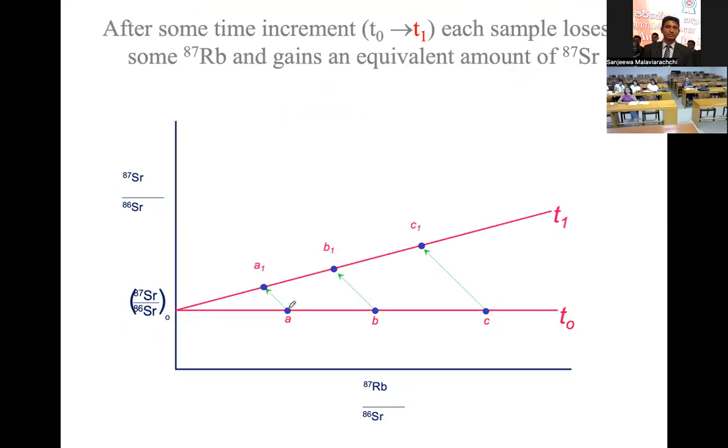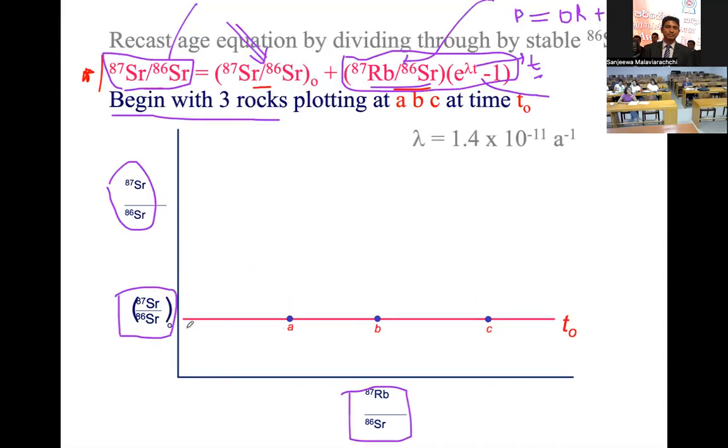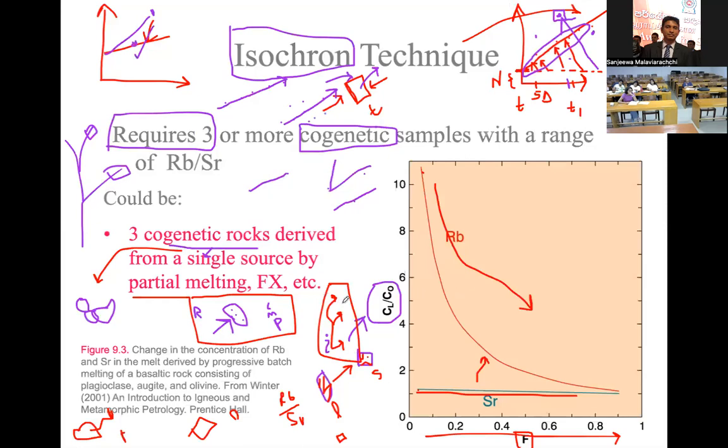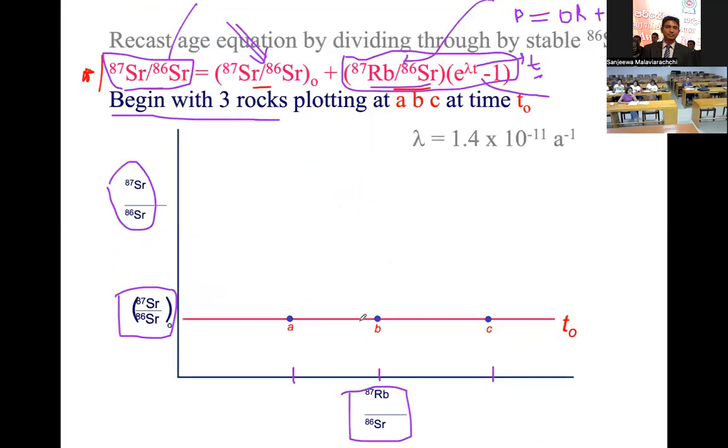The daughter products will have the initial ratio, but for rubidium, you don't have the same ratios. Why? Do you understand that? This is the important concept. We just explained it in the previous slide. The distribution is different. Depending on the compatibility and incompatibility, rubidium goes in different amounts during the formation of the rock. The strontium ratio which is available here is the ratio that was available from the parent.